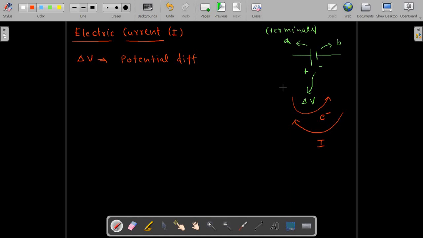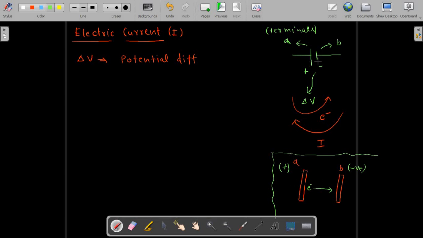Yesterday I told you why electrons flow from the positive to the negative side. Suppose you have two terminals, A and B. From terminal A, electrons are moving to side B. You can say A is positive since the electrons are going away from it, and B is negative because electrons are coming towards this terminal.